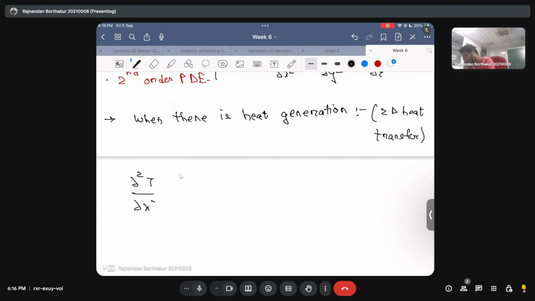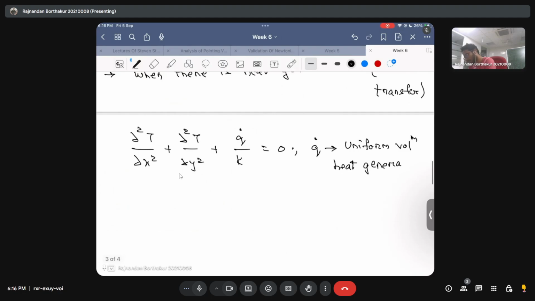It is just del square T by del x square plus del square T by del y square plus q dot by k equal to 0, where q dot is the uniform volumetric heat generation rate, and it has a unit of watt per meter cube, as we all know.